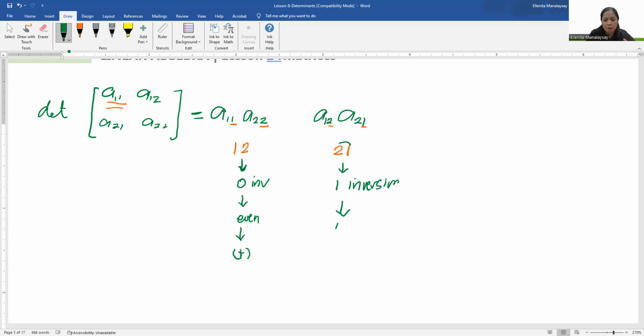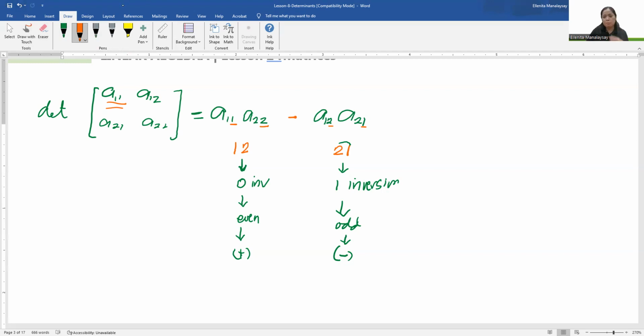Hence we have an odd permutation, and if we have an odd permutation, the sign will be negative. So in this case, this is positive and then minus the product of these two entries.